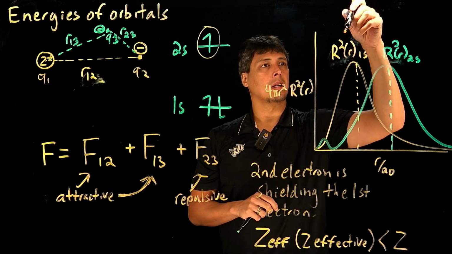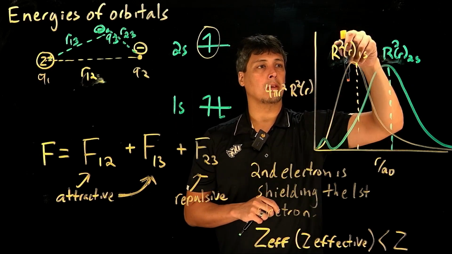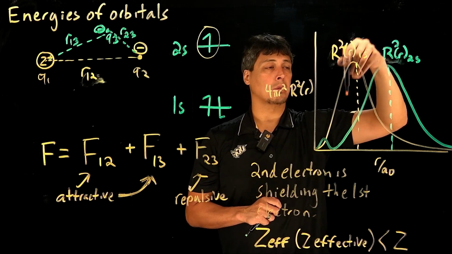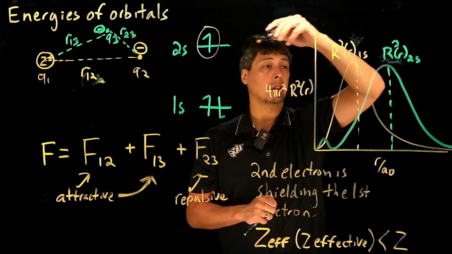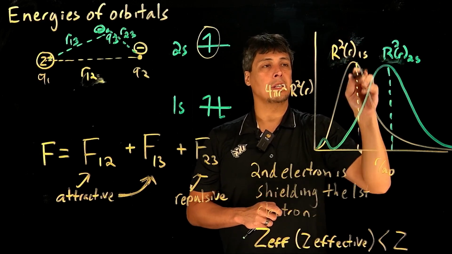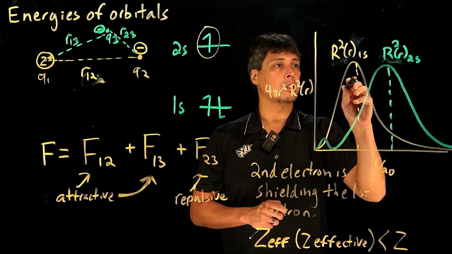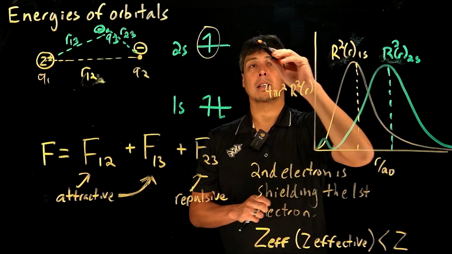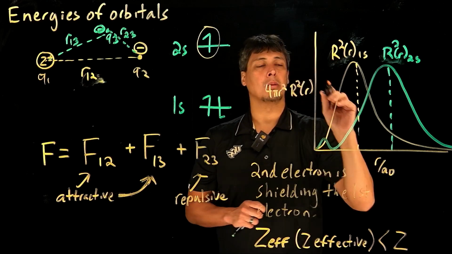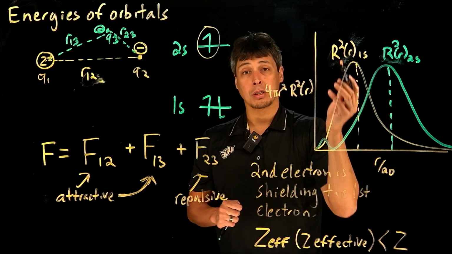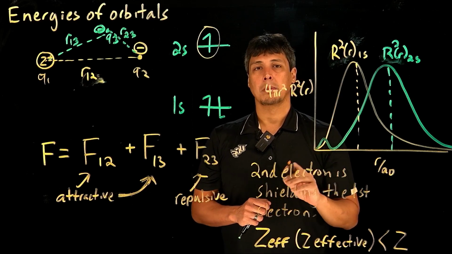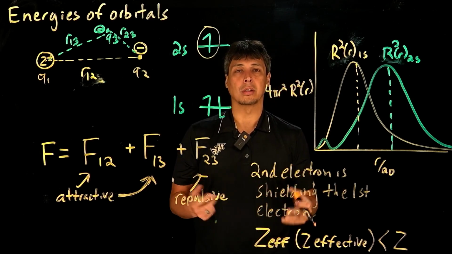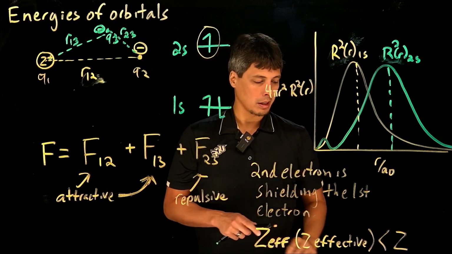The electrons in the 1s orbital are typically, on average, closer to the nucleus than the electron in the 2s orbital, so these two electrons are going to shield the second electron. Therefore the energy of the 2s orbital is going to be higher, because the electron doesn't feel the entire charge of the nucleus, because of the repulsion between the electrons within the system.